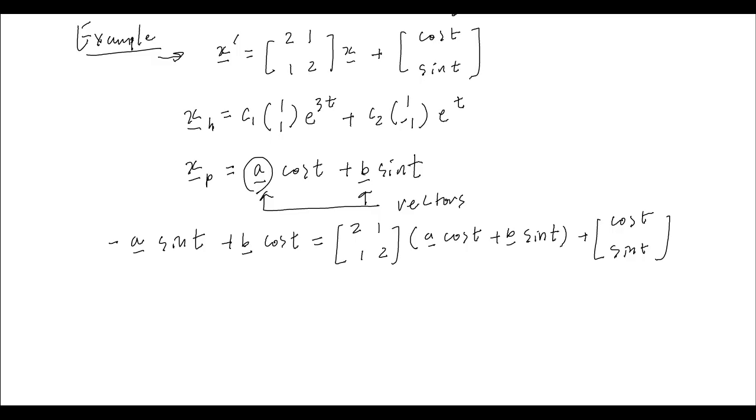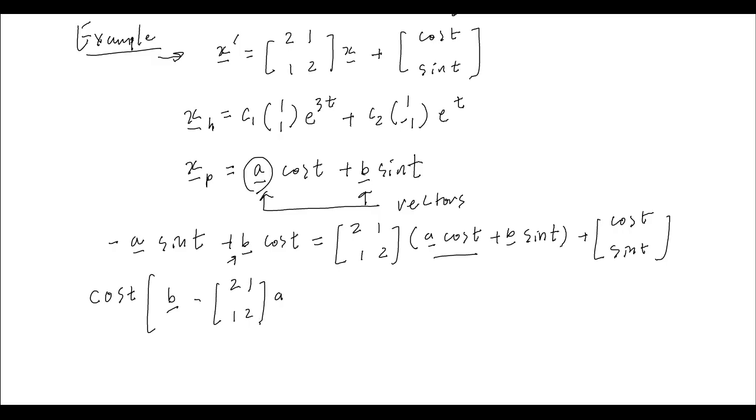Okay? And you just collect the same terms together. Let's collect based on the cosines and sines. Cosine t: we've got B from this term here, and a term from this side, which is minus [2, 1; 1, 2] A.